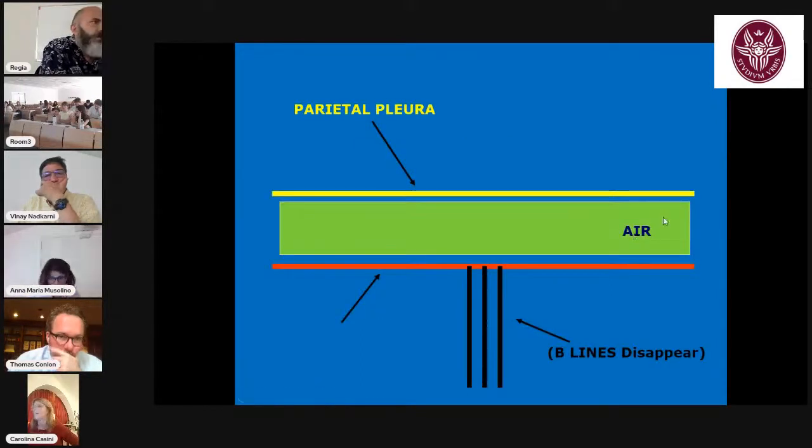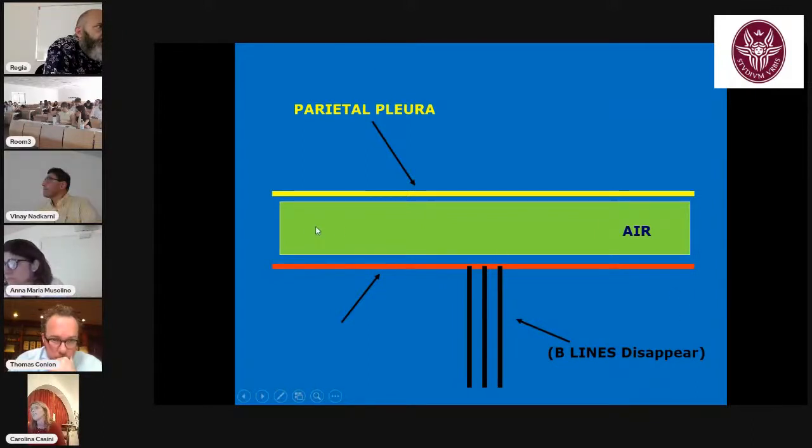What happens when a pneumothorax occurs? Air, whether spontaneous or traumatic, penetrates the space between parietal and visceral pleura. And so the air makes a total mirror effect. And so ultrasound cannot penetrate down, and B lines disappear.